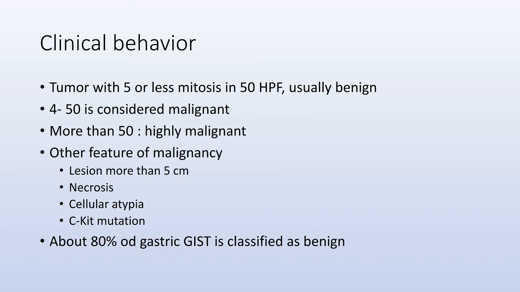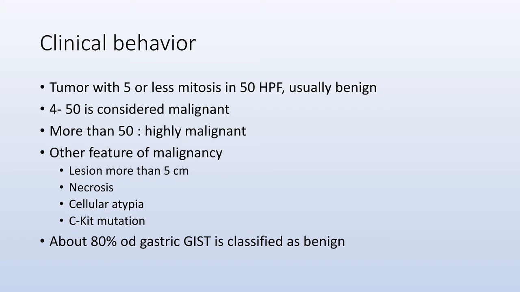There is also a specific stain for the c-KIT mutation, and if they have got the c-KIT mutation, they tend to behave more in a malignant fashion. That's the CD117 and the CD34.